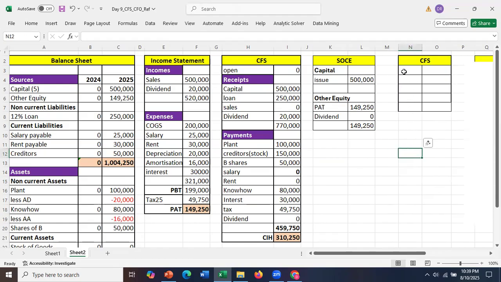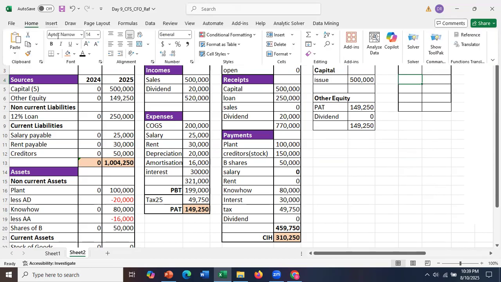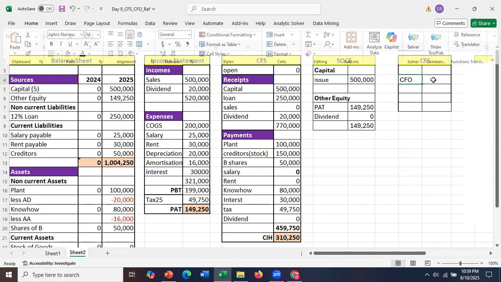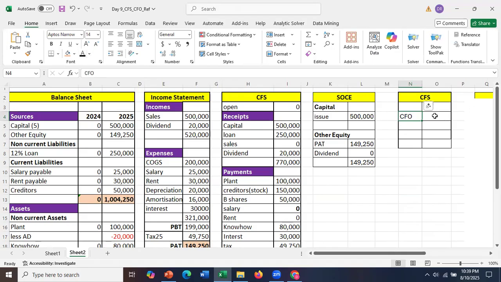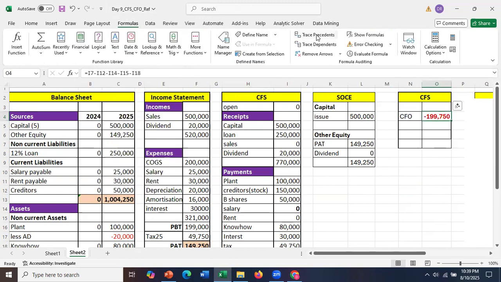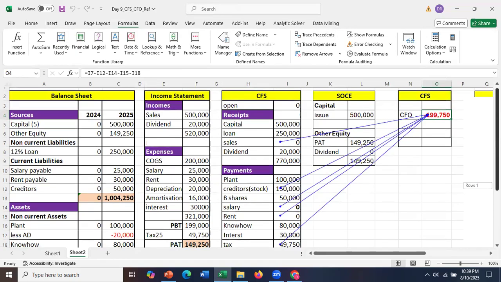So, operating cash flow, CFO is equal to 199,000 negative. How did that happen? We can observe that, and this is a direct method.